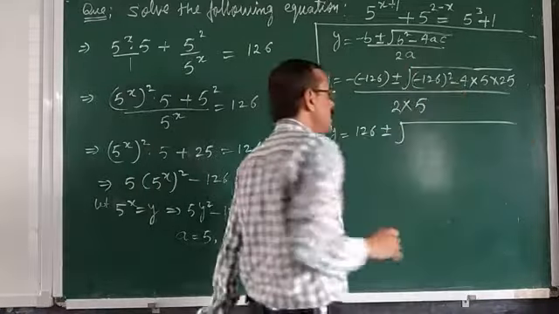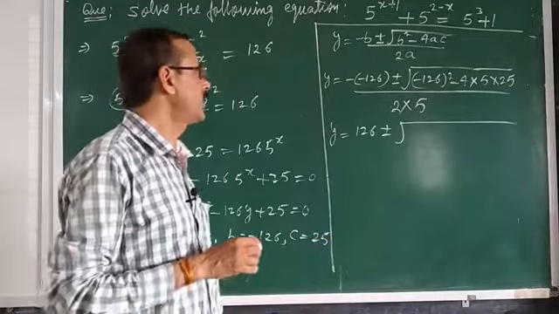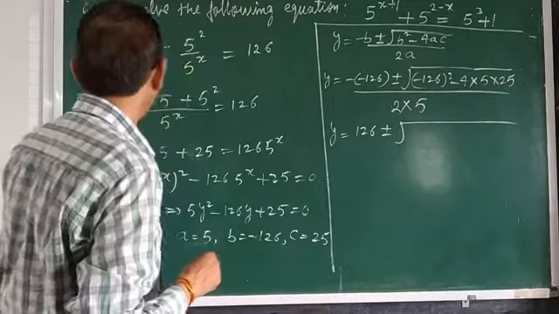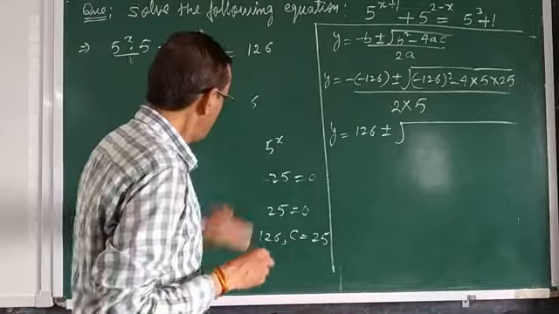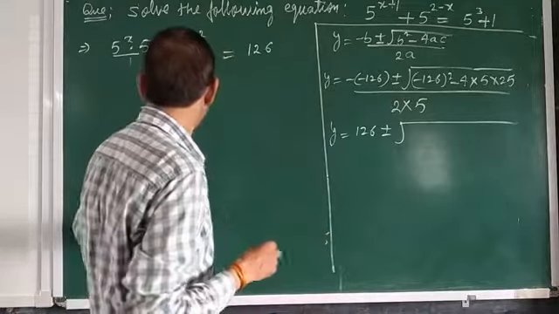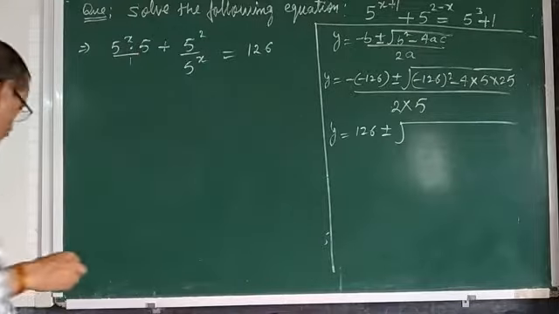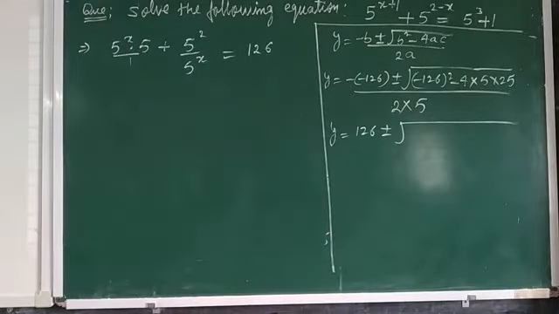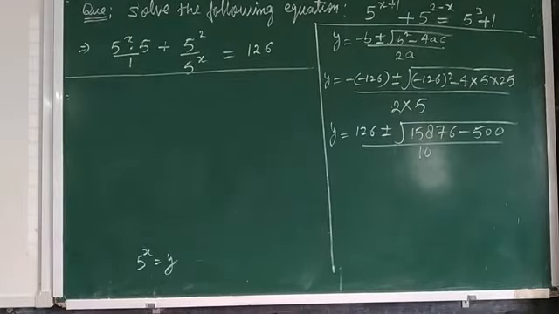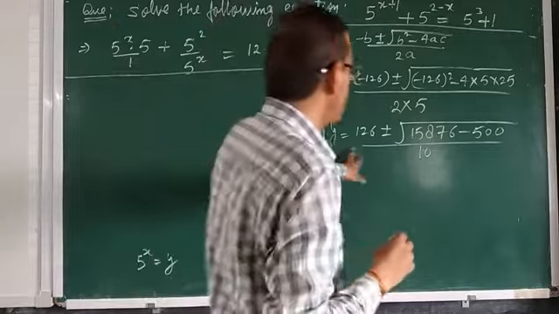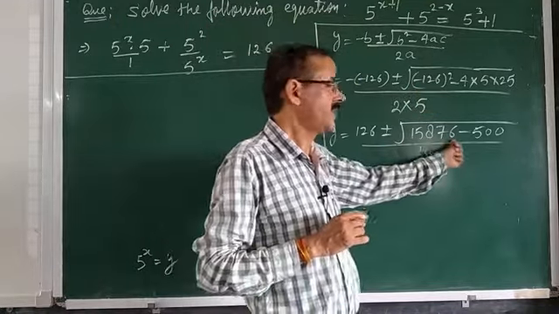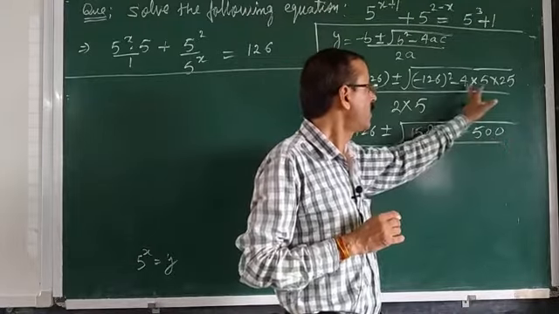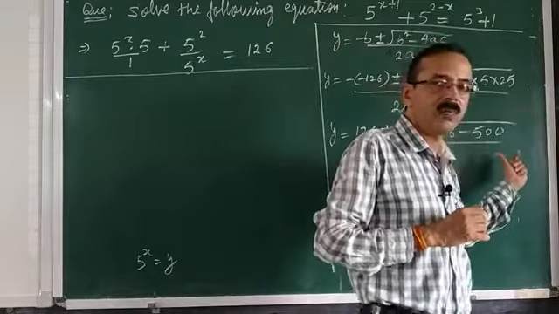So y is equal to 126 plus minus under root. You have to find the square of 126. The square of 126 will be 15876, minus 4 times 5 are 20, into 25, that will be 500.